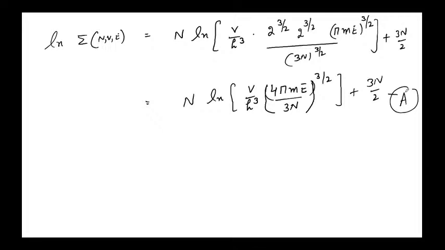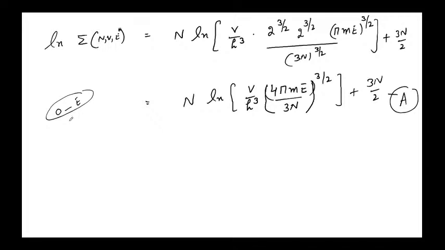So this is the equation which we have derived for the logarithmic value of the number of microstates. Now for the derivation of the thermodynamic properties of this system, we must first of all fix this precise value of E. This is only for an energy that is varying from 0 to E, for the particles which are present within the surface of an octant of a sphere.